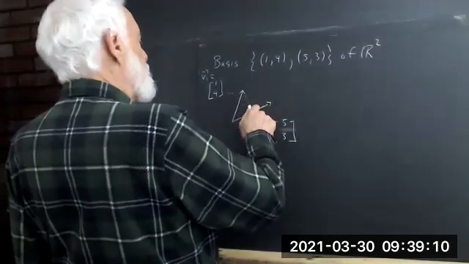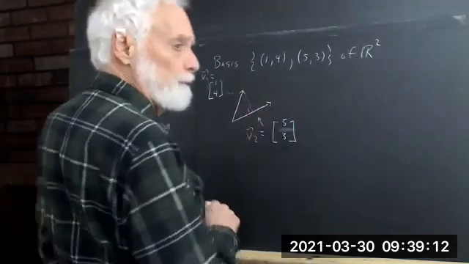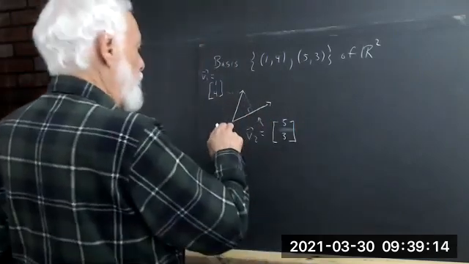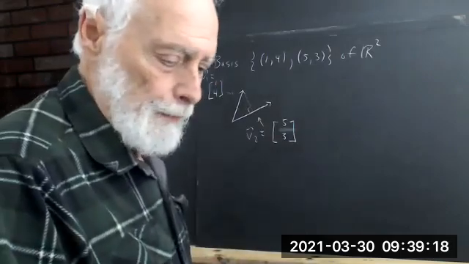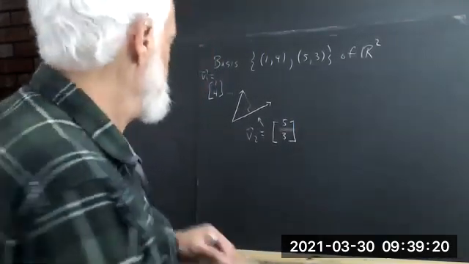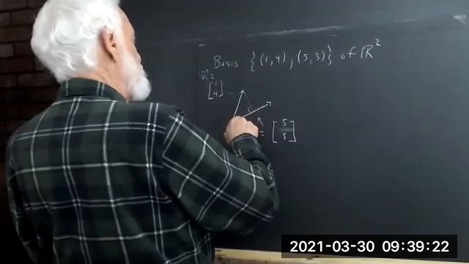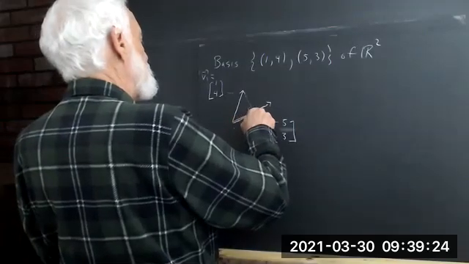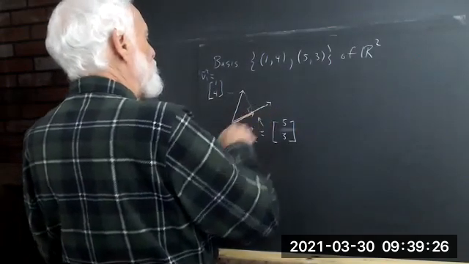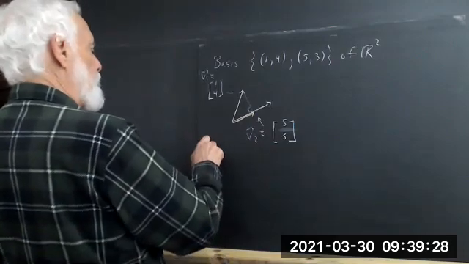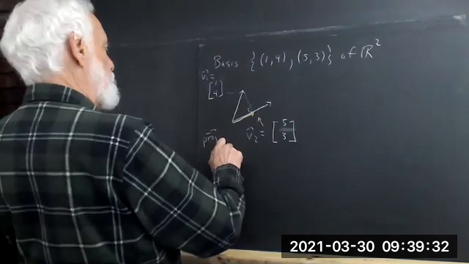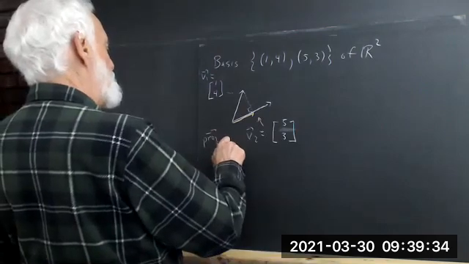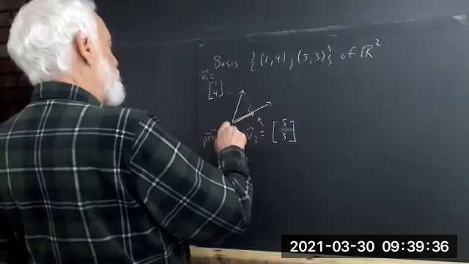Okay, we project this vector at a right angle, and the vector that we get here is the projection of that vector. So this vector is the projection onto V2 of the vector V1.